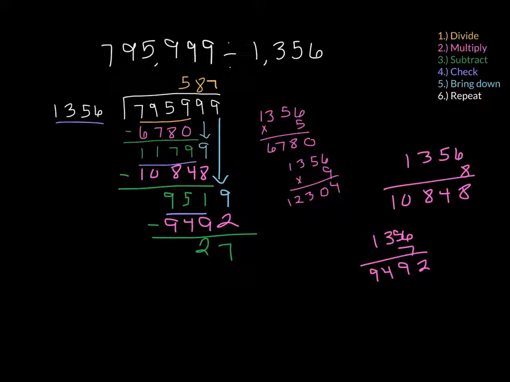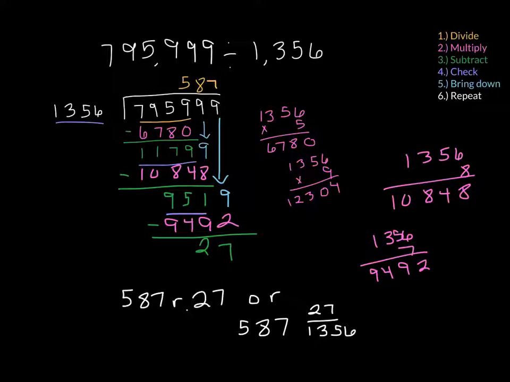So 2 ways you can write this answer. We can put 587, remainder 27, or 587 and 27 over 1,356.